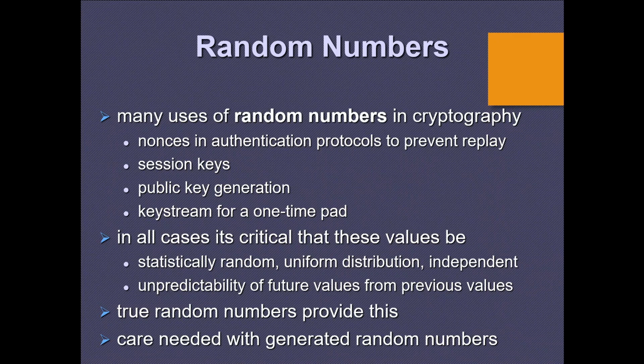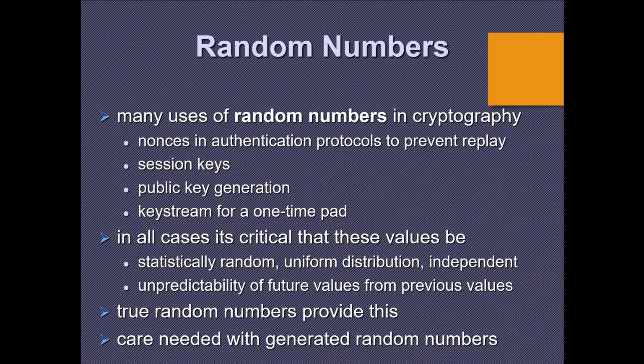In applications where reciprocal authentication or session key generation is required, the requirement is not just that the sequence of numbers be statistically random, but that the successive members of the sequence are unpredictable as well. If random numbers are used wisely, it is not possible to predict future values having observed previous values. With truly random sequences, each number is statistically independent of other numbers in the sequence and therefore unpredictable.